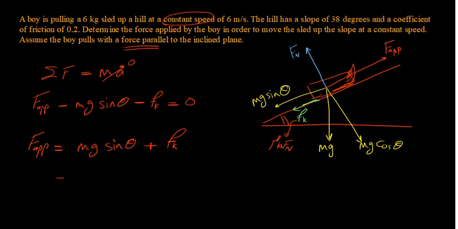So let's put it all together: mg sine theta plus μk, which is already given here, it's 0.2, times mg cosine theta. Now simply you could take the mass times the gravity acceleration as a common factor and do your calculation. Let's do it, it's fine.